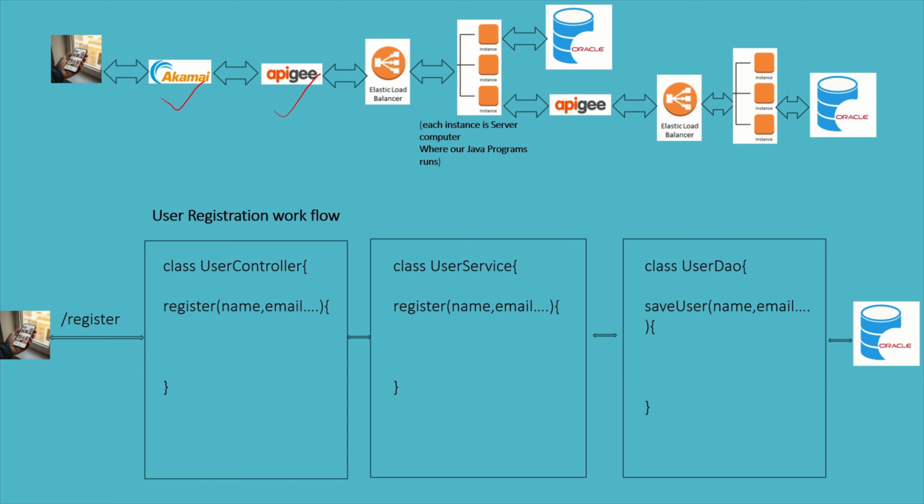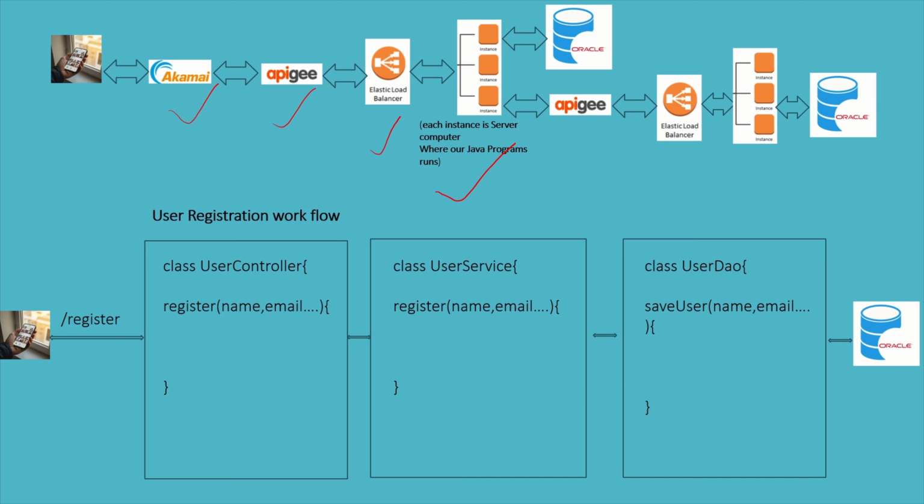Next, the request reaches a load balancer hosted on cloud platforms like AWS, Azure, or Google, which distributes the traffic to one of the available backend servers where your Java programs are running. Eventually, your request lands on a backend server instance running Java-based RESTful services, and this is where your Java REST API comes into play.